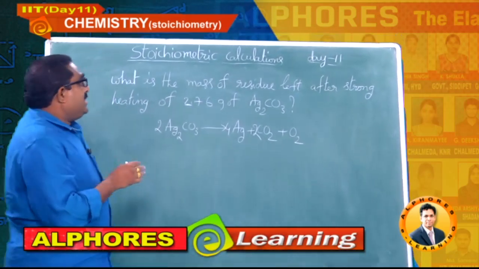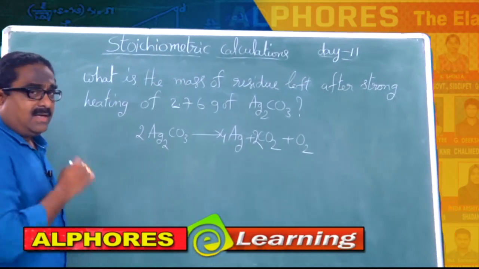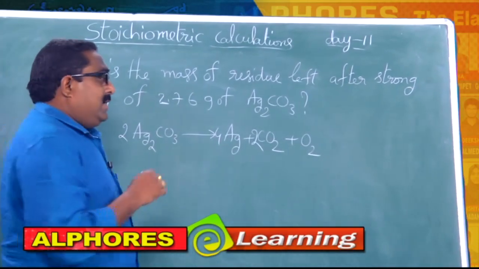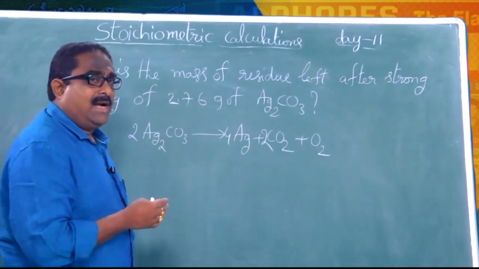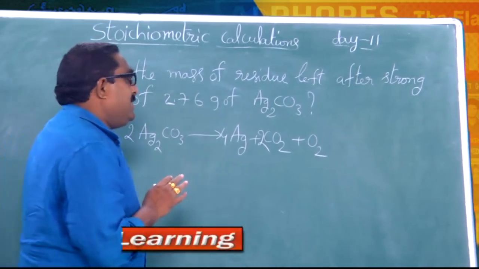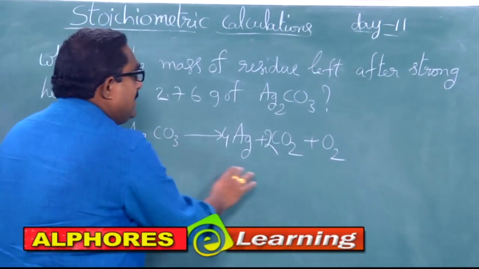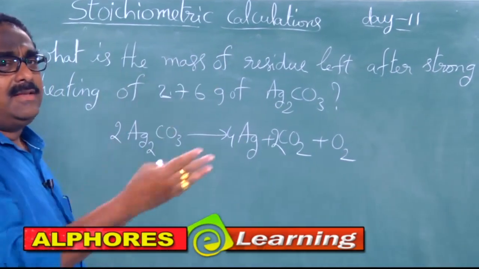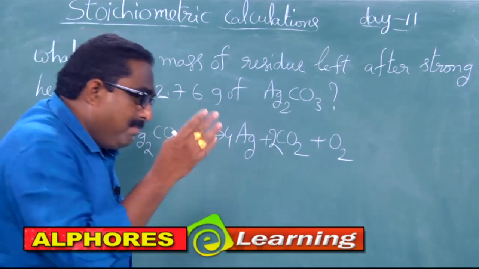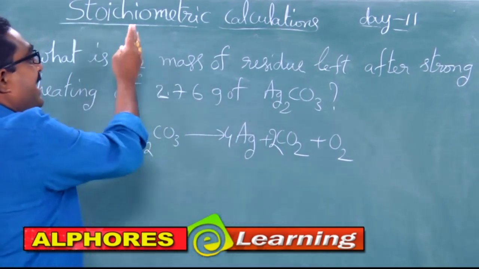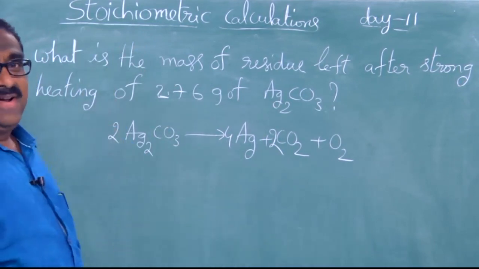Yes, this particular part of stoichiometry needs the entire knowledge of the 2 academic years syllabus, because any balanced chemical equation present in the 2 academic years syllabus can be set as a numerical under the heading stoichiometric calculations.